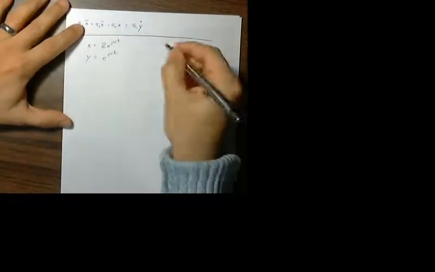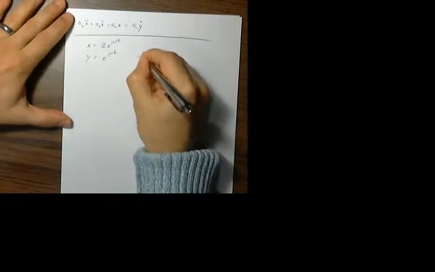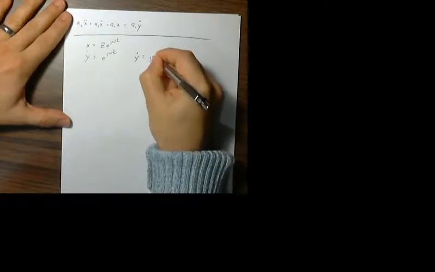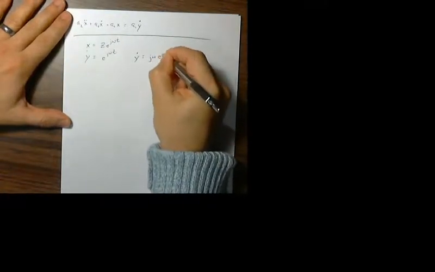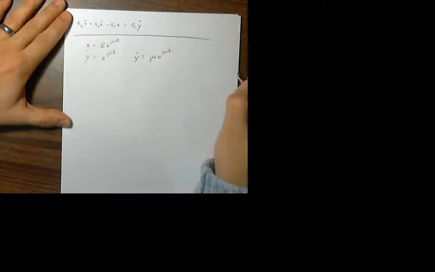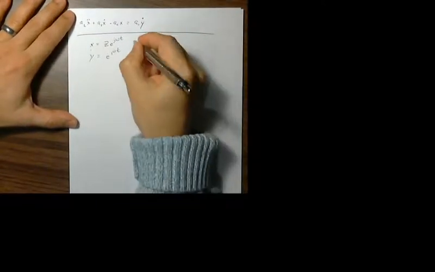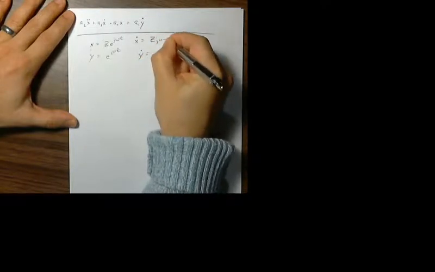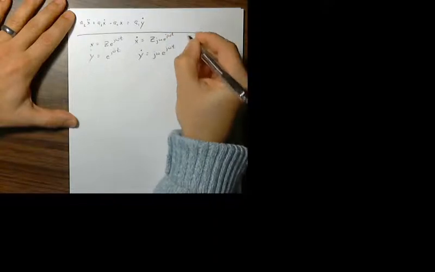So really the only thing we need to know now is how to take derivatives of e, which is, you know, like the easiest function in all of calculus to differentiate. So this is not so bad. J omega t. There you go. So x dot is equal to z j omega e to the j omega t, right?